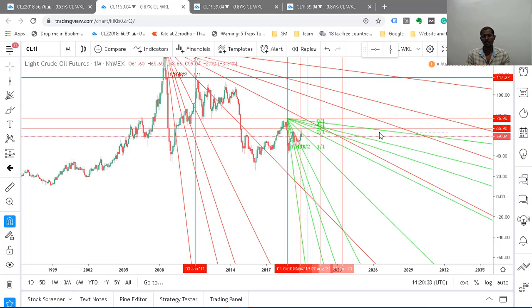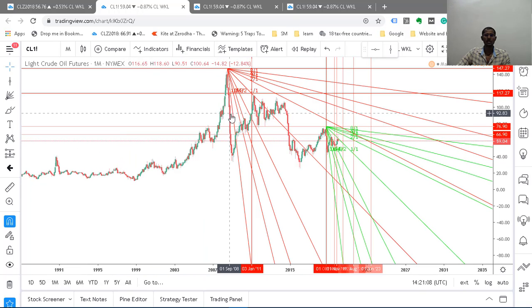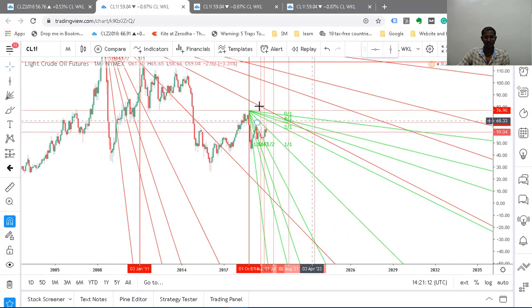Here, as you can see from the screen, there are two Gann fans, one in red and one in green. The red one corresponds to the long-term trend. The long-term trend actually started from 2008, in the month of July 2008, and has traveled from there till now.